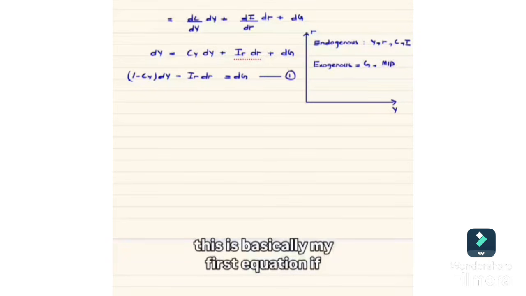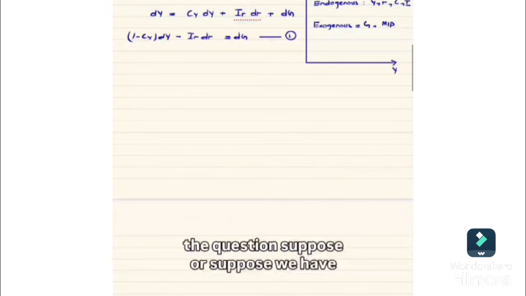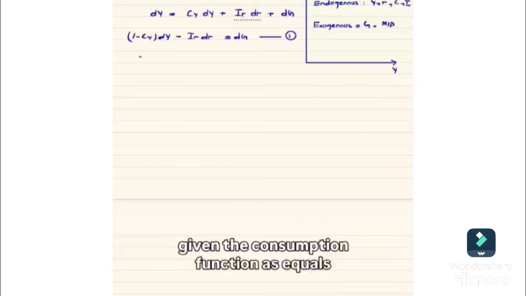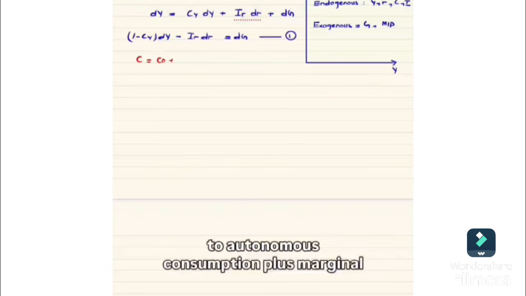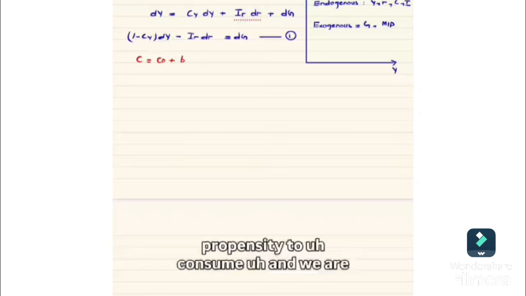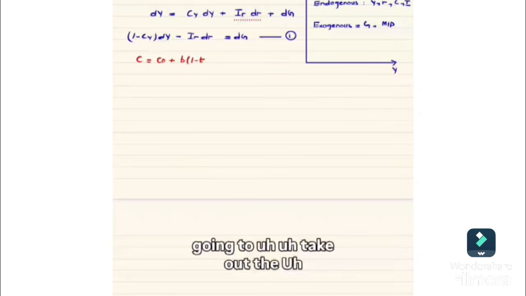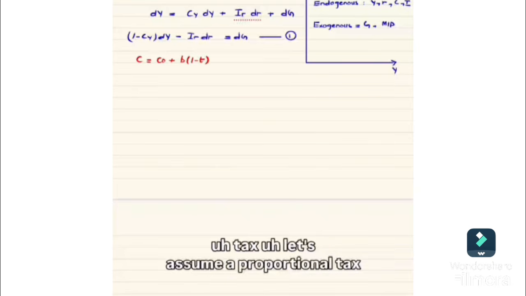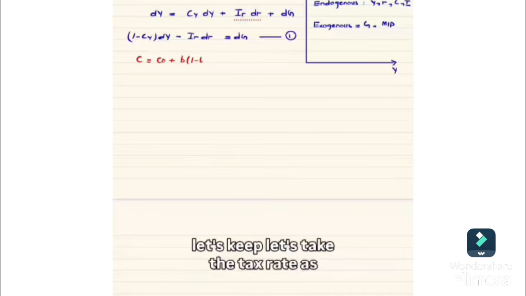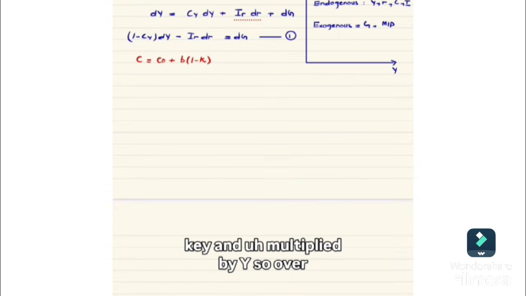Suppose we are given the consumption function as autonomous consumption plus marginal propensity to consume times income, and we're going to take out the tax. Let's assume a proportional tax. Let's take the tax rate as k and multiply it by y.